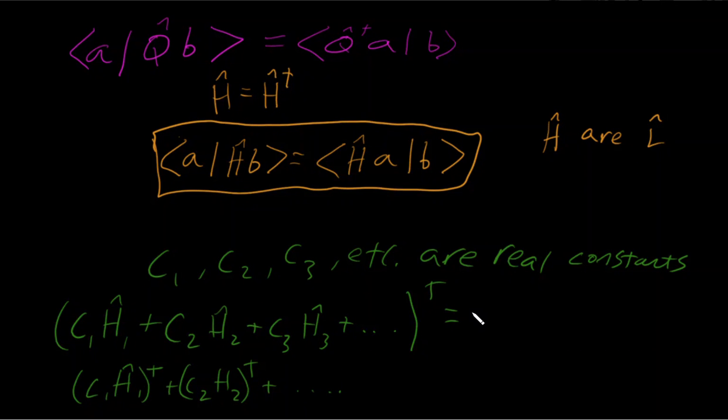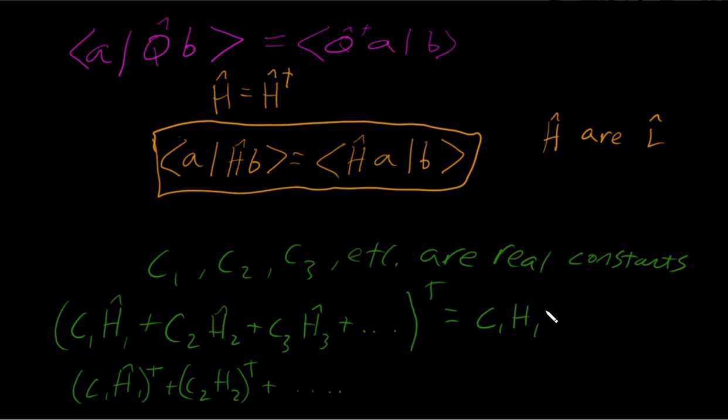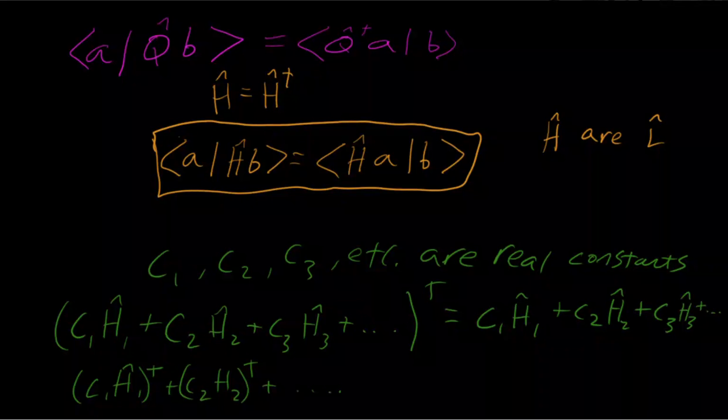So we know that this is C1 H1 hat, plus C2 H2 hat plus C3 H3 hat plus dot dot dot, right?